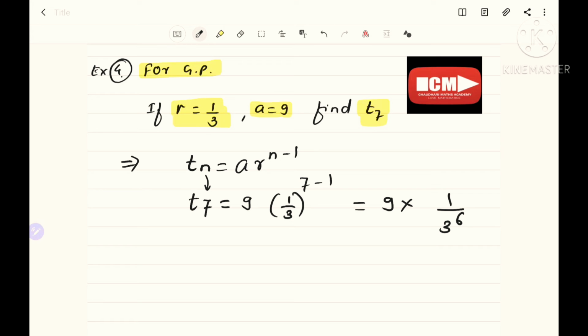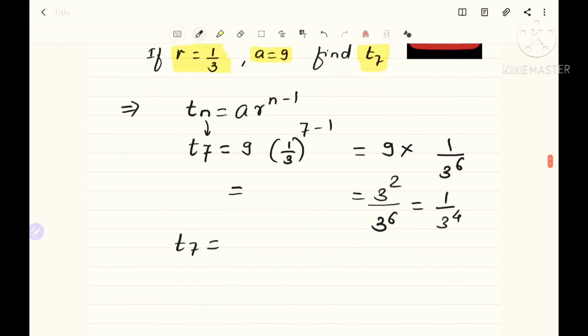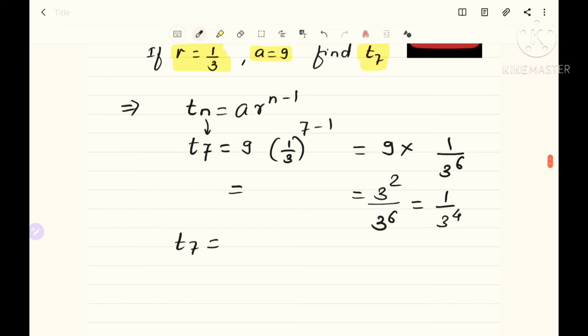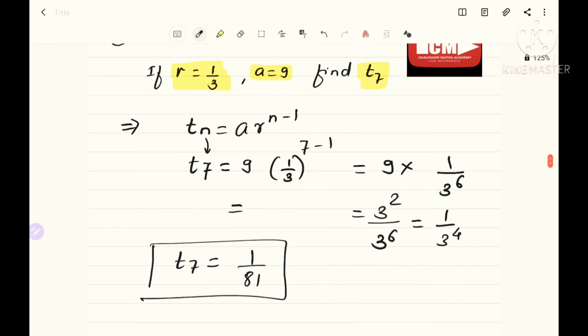Quickly find the answer for this one. This 9 we can express as 3 square, and this is 3 raised to 6. So 3 square cancels, and it's 1 upon 3 raised to 4. You know that 3 raised to 4 is 81. So the 7th term of that sequence is 1 by 81.